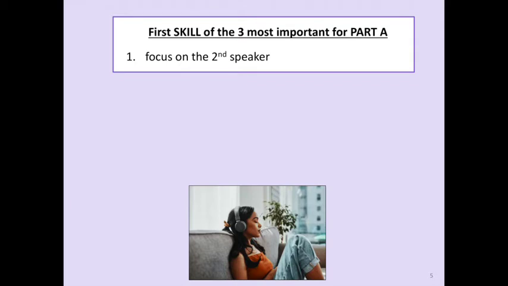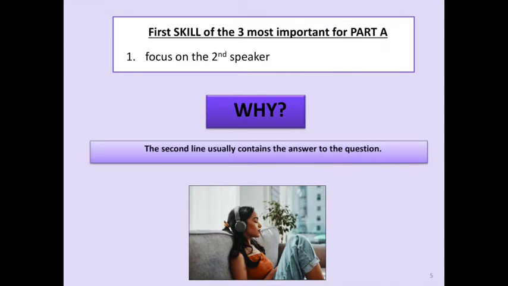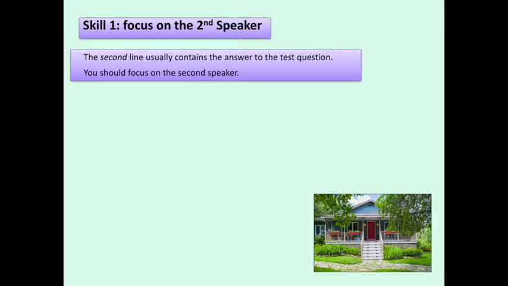So now, let's start talking about skills for Part A. The first skill and the most important skill is to focus on the second speaker. Why? Because usually the second line contains the answer to the question.